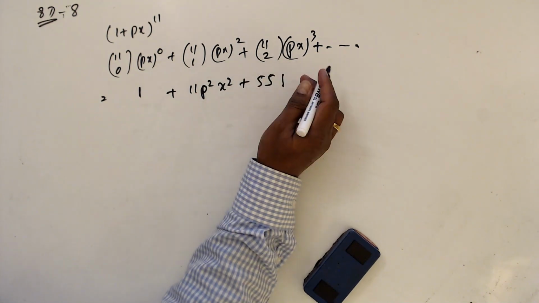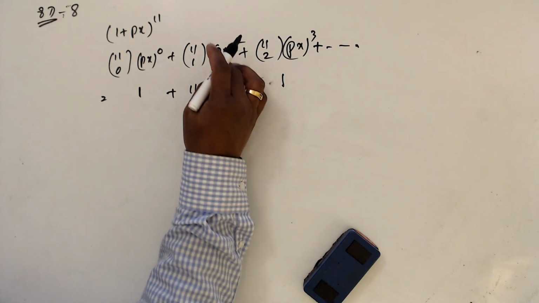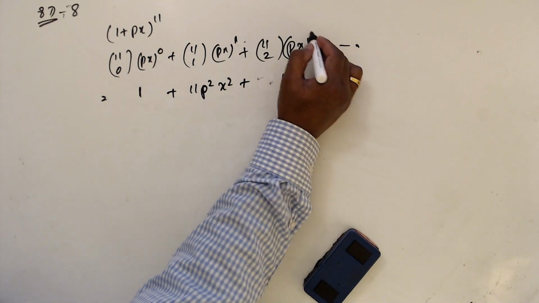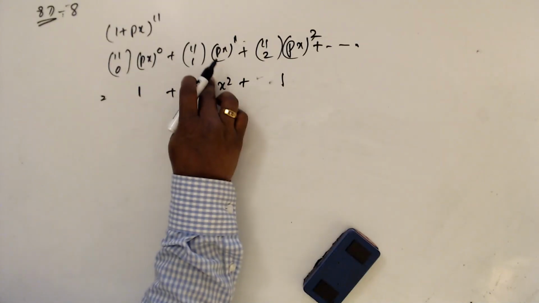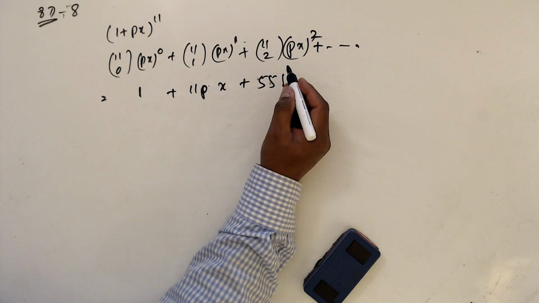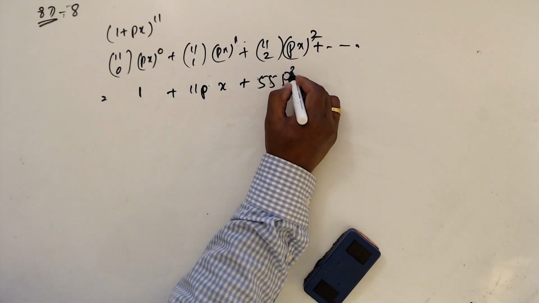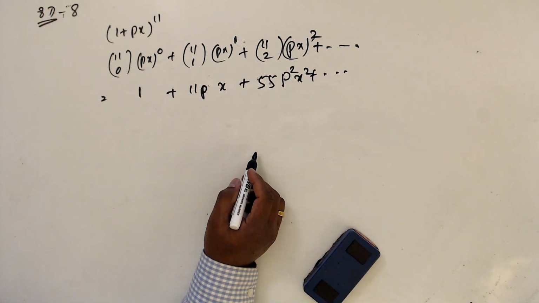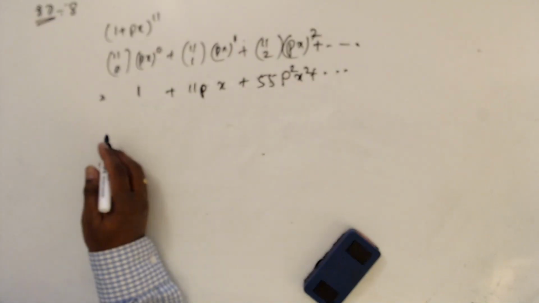I think my expansion is wrong. This is 1 and this is 2. So then 11px, then 55p square x square plus dot dot. 11 2 means 55.